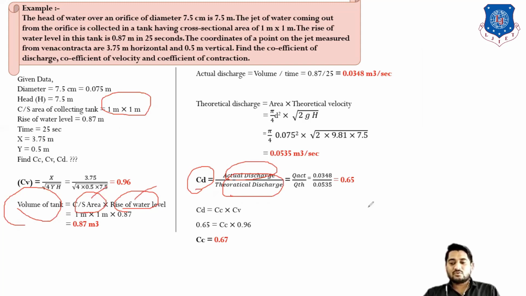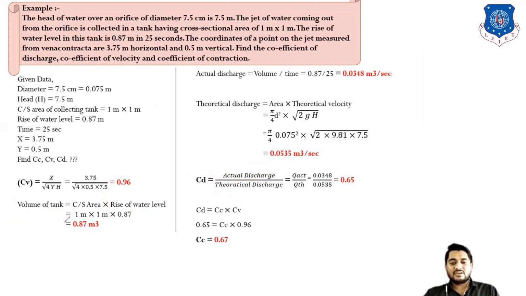So our volume of the collecting tank will be 1 cross 1 into 0.87, so 0.87 meter cube. Now actual discharge is equal to volume divided by time. So volume 0.87 divided by time 25 gives 0.0348 meter cube per second, that is our actual discharge, right?